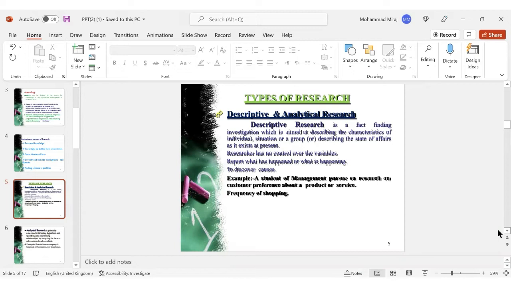Variables can be dependent. So what is a variable? A variable is basically a quality. For example, if I ask you to describe a cricket bat, I would say this cricket bat is this much long, this much thick, it has a very sweet spot, and it is being used by Rahul Dravid.